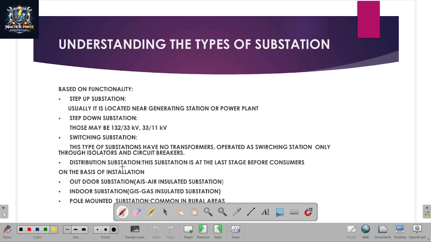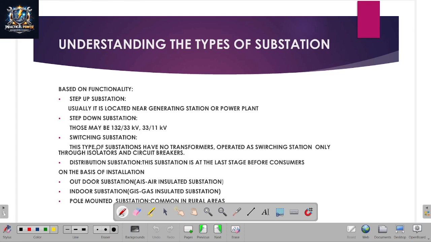Then the distribution substation. These substations are the last stage before the consumer's end, where the power is distributed. It may be at 11 kV or 33 kV, like that. This is the classification of substations on the basis of functionality.